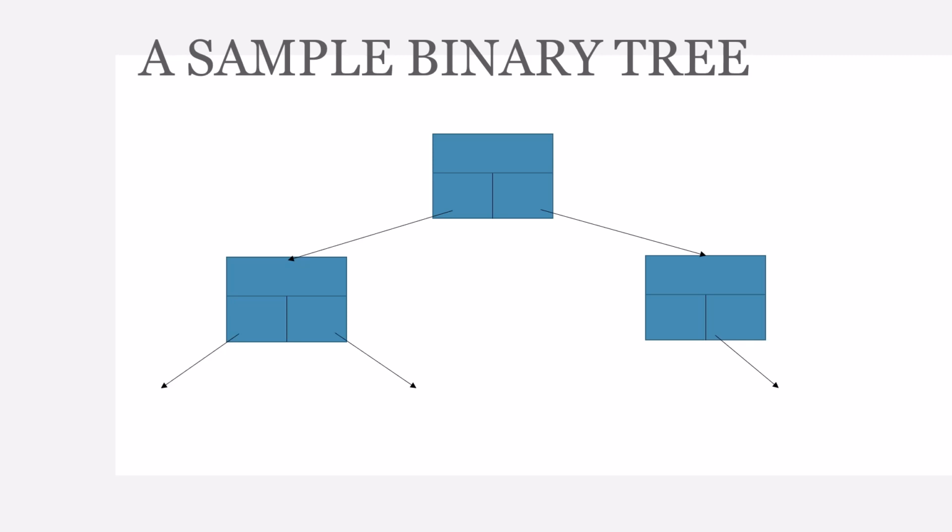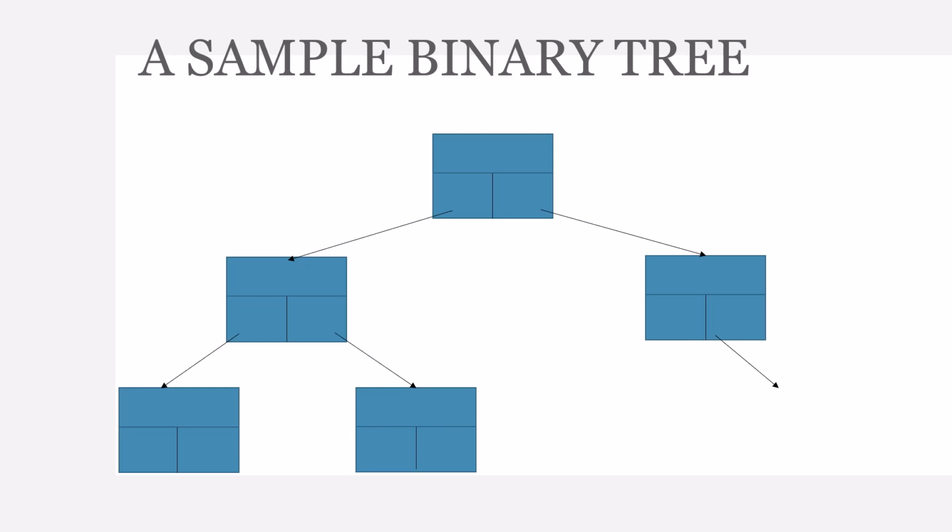And these will point to, again, for the left node, a left and a right node, but the one on the right points to just one node. It is not necessary that just because we have this node pointing to 2, that this one needs to point to 2 as well. This is still a binary tree.